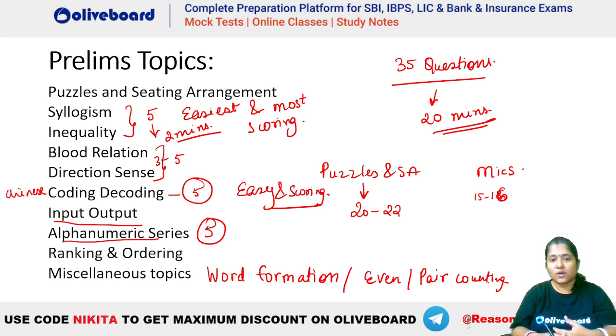Some questions where you have to arrange a particular number in increasing order and then check how many alphabets or how many digits stay at the same place. So those kinds of miscellaneous questions are there. 1 or 2 questions will be there from miscellaneous.